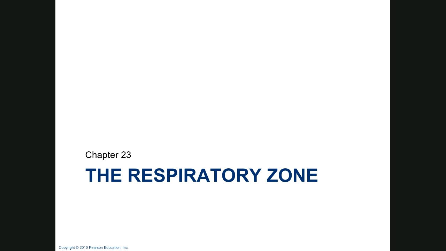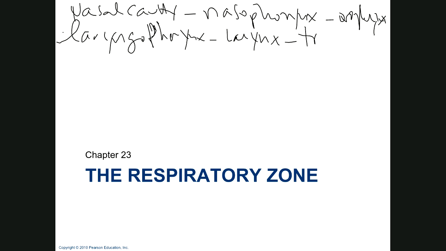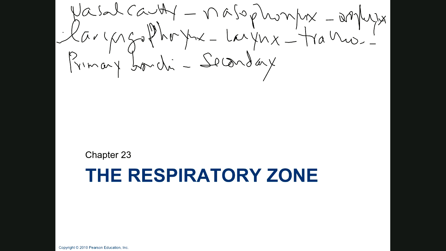Okay, so as far as the conducting zone, we went from nasal cavity to nasopharynx to oropharynx to laryngopharynx to larynx, trachea, primary bronchi, secondary bronchi, which are also called lobar, tertiary bronchi, which are called also segmental.